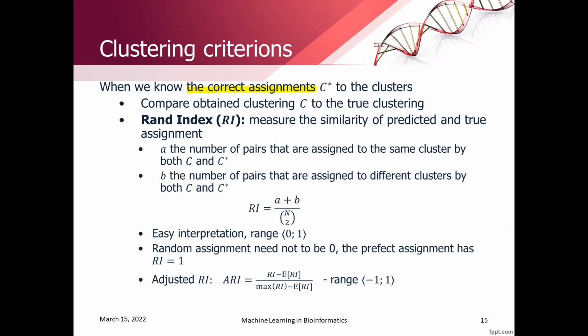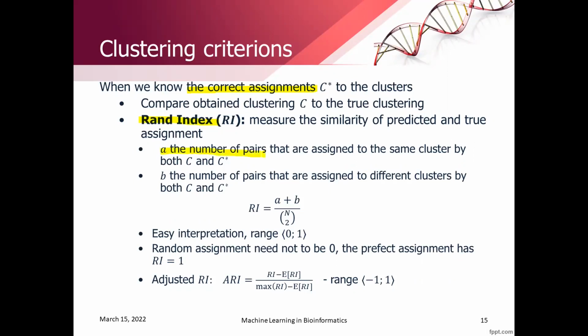I don't include several such criteria. I will show just one for this group of criteria, and it's called the Rand index. It's a very simple and natural criterion. We actually count the number of pairs.